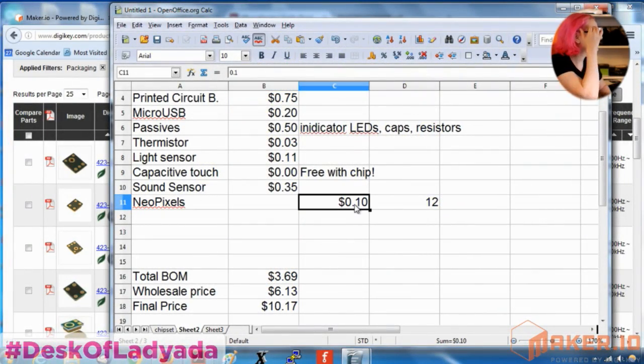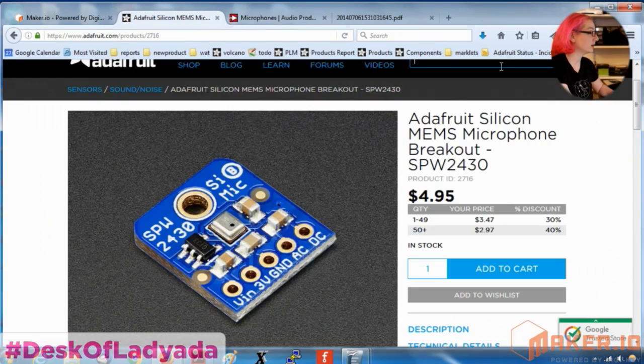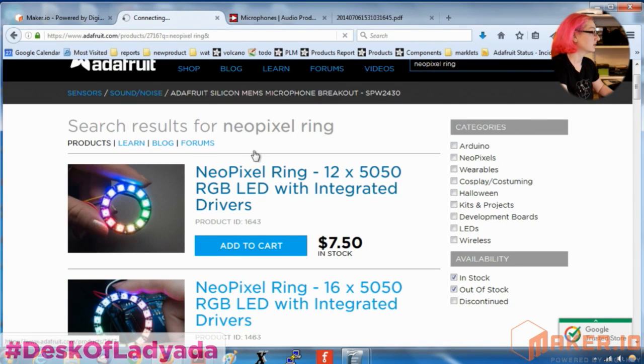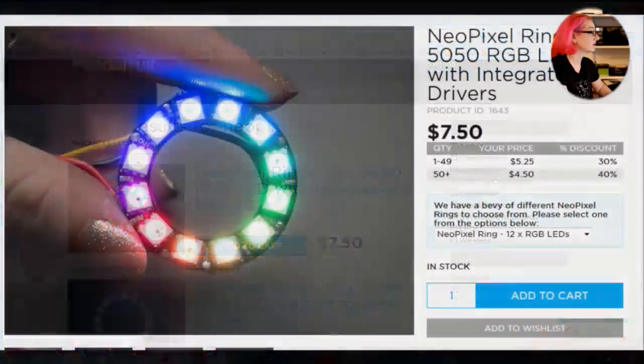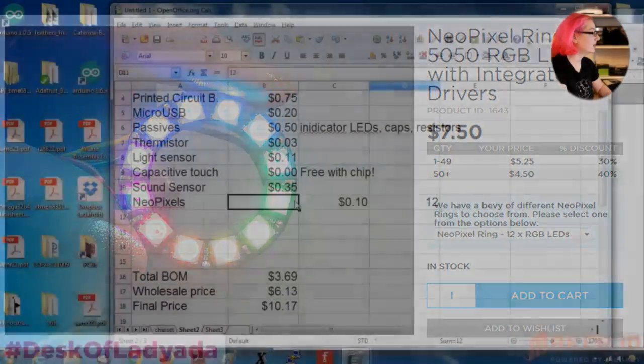So they cost about 10 cents each, and let's say I want to put 12 of them on there so it matches the NeoPixel ring. So this is a lovely NeoPixel ring. Okay, my browser was iffy for a second.